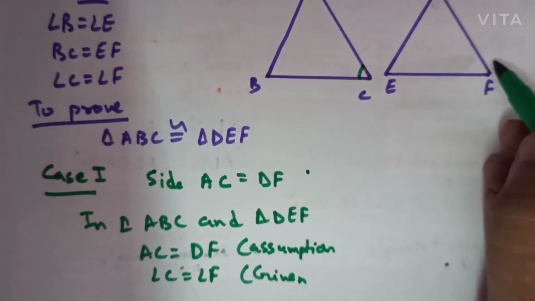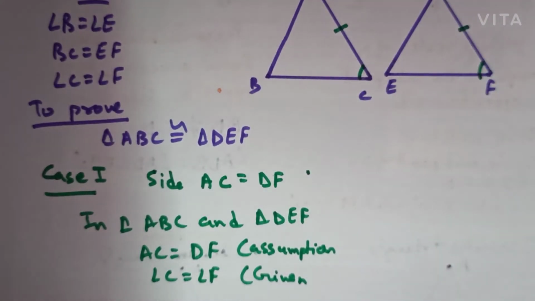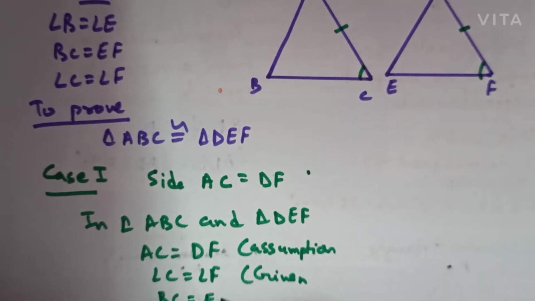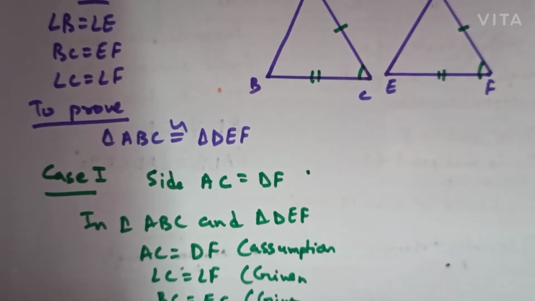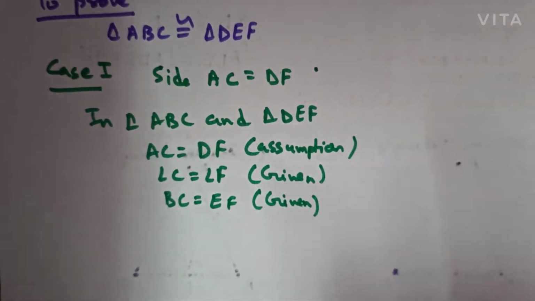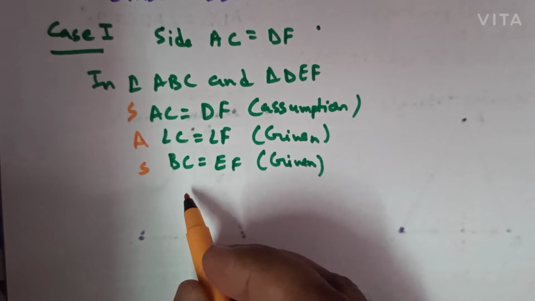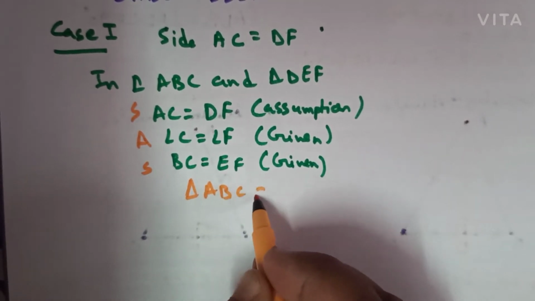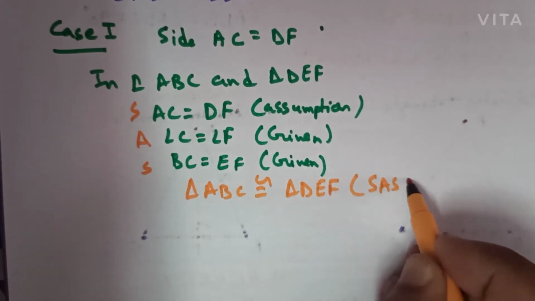BC is equal to EF, it is also given. So it's very simple, we can apply the side angle side congruence. By SAS congruence, triangle ABC is congruent with triangle DEF.